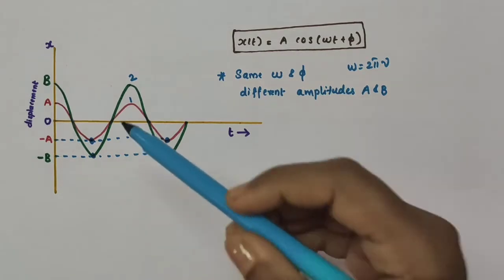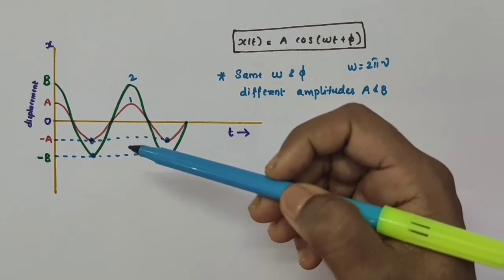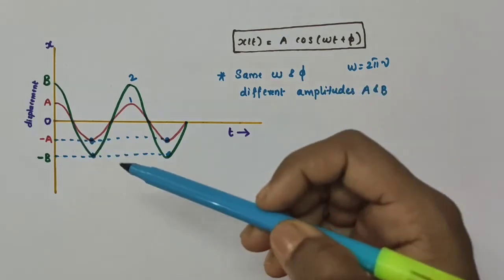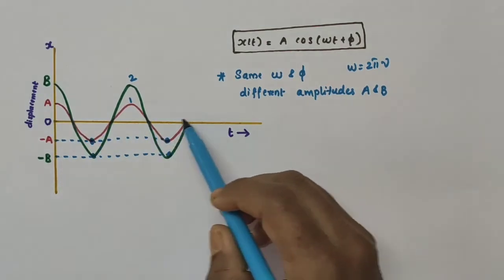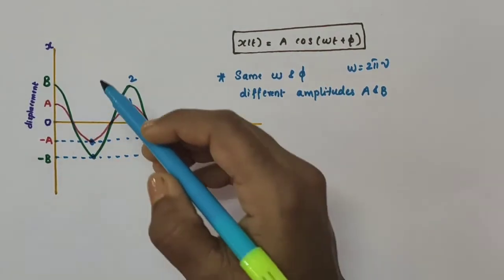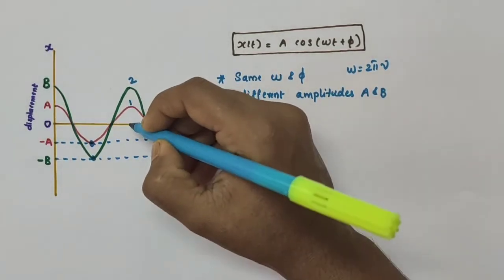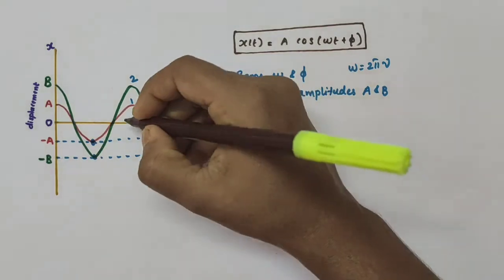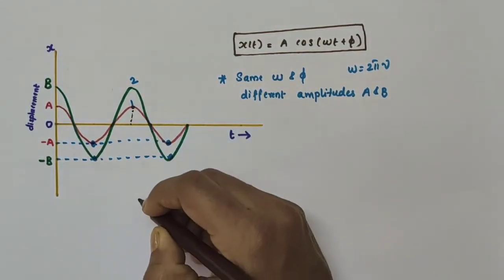And see, here the amplitudes of the two waves are different, no? Amplitude is the maximum displacement from the mean position. We can consider this yellow colored straight line as the mean position. Then the amplitude of the first wave, the red colored wave, is this much, from the mean position to its peak value.